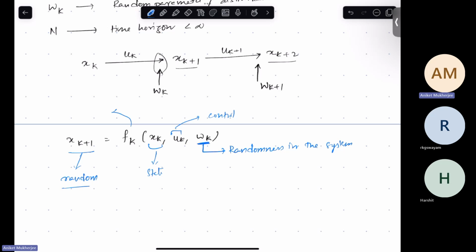And this fk is known as the dynamics of the system. Now, this could be known in some models. This dynamics could be unknown. If you don't know the dynamics, then basically it goes into the learning part. So you don't know what the dynamics are.